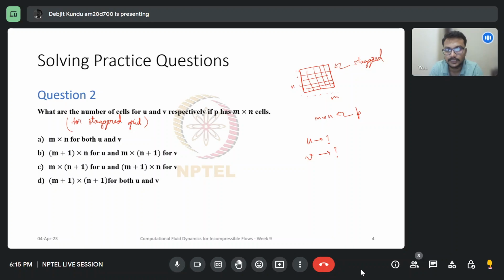Would it be option A, m cross n for both u and v, the same as that of p? Or would it be m plus 1 cross n for u and m cross n plus 1 for v? Or would it be m cross n plus 1 for u and m plus 1 cross n for v? Or would it be option D, that is m plus 1 cross n plus 1 for both u and v?